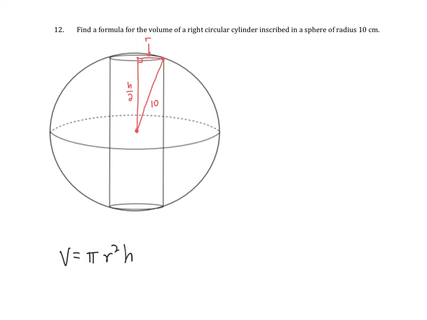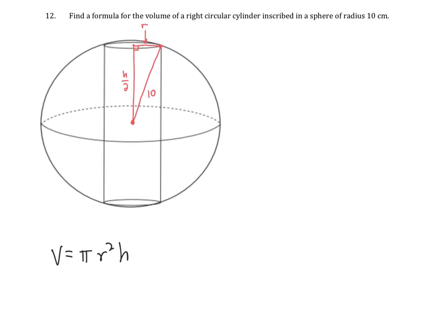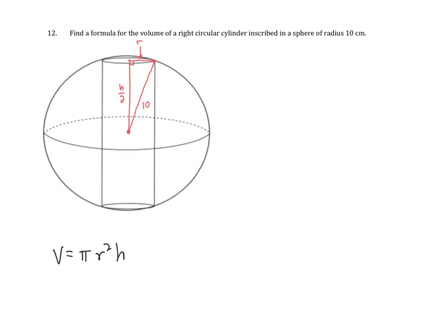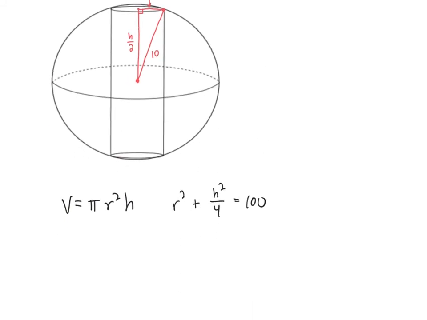And now we can do the Pythagorean theorem to get our extra equation that we'll use to substitute in. Okay, so Pythagorean theorem: r squared plus h squared over 4 equals 100.